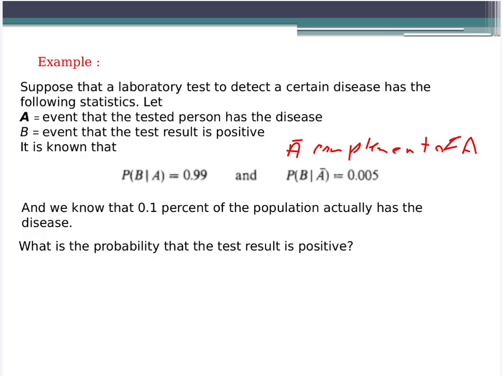So the probability of B given A bar is equal to 0.005. It means that the probability that the test result is positive but the person doesn't have the disease is equal to 0.005. Is this clear? Any question?